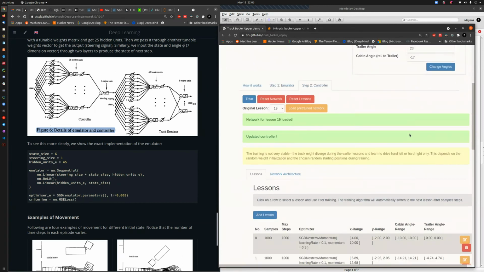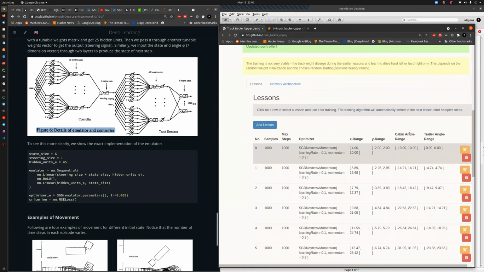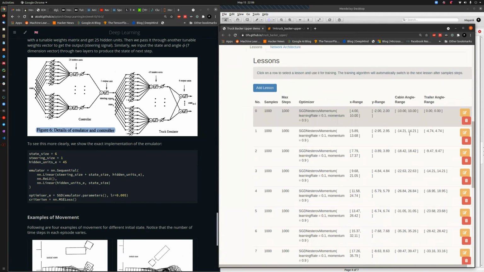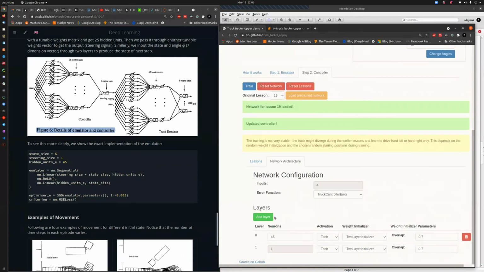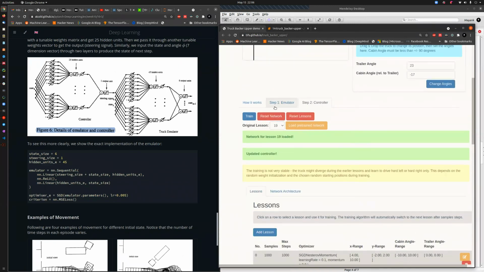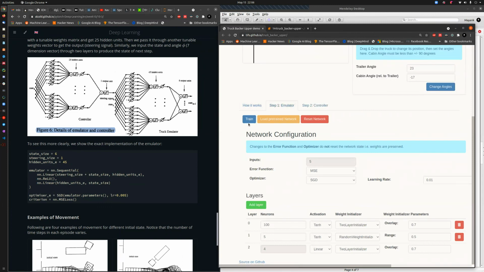Because I guess my question is, what is back propagation when the emulator is frozen after it has been trained? You don't really back propagate to the emulator, right? You just predict the next state and use that next state to train the controller. Is my understanding correct, or am I missing something?